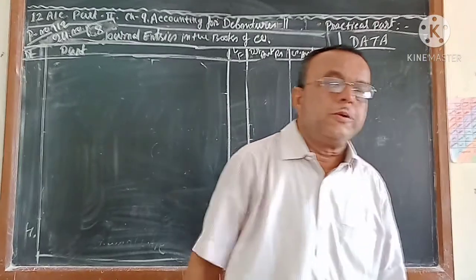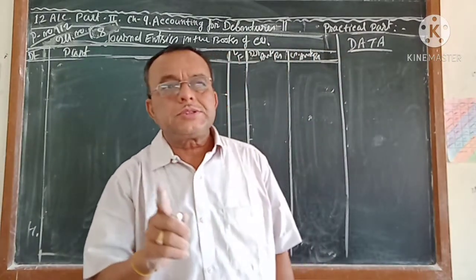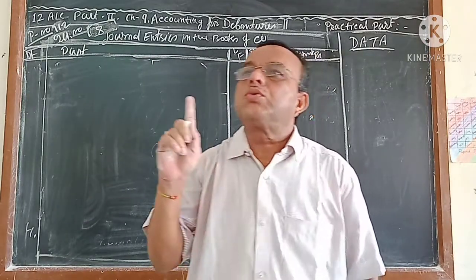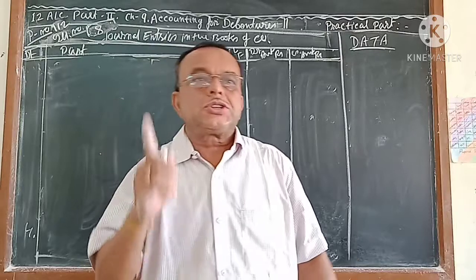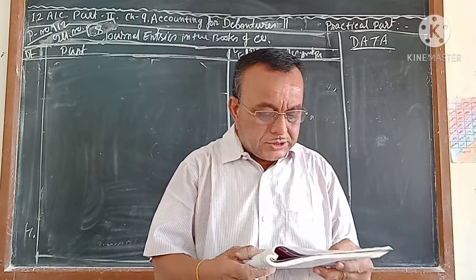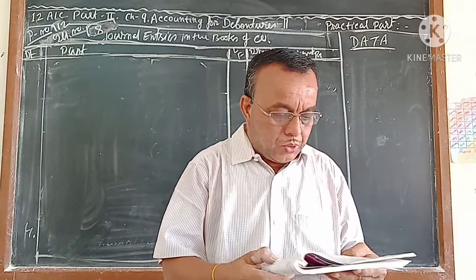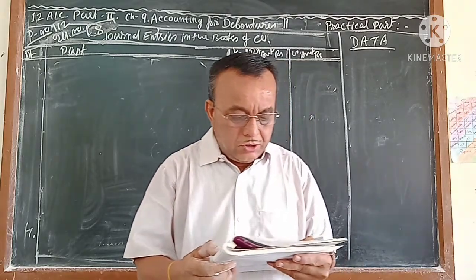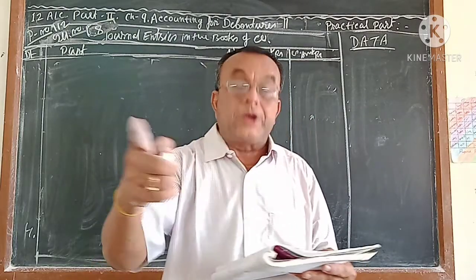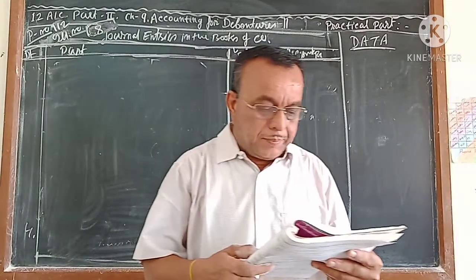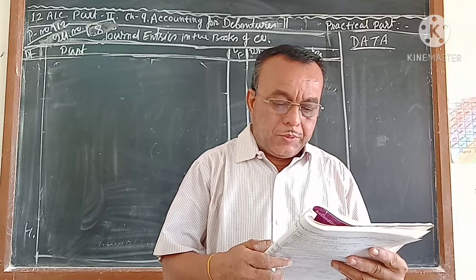So the 1,20,000 debentures are allotted on a pro rata basis. Excess money on applications is credited to the allotment account.